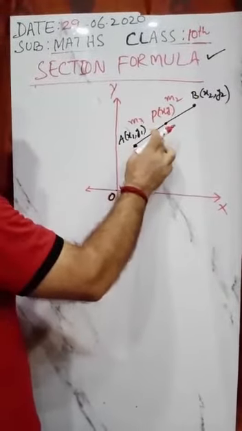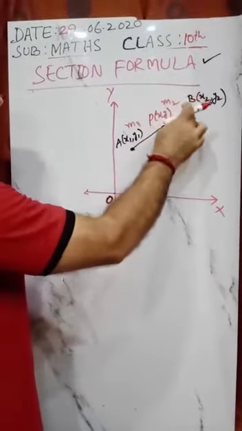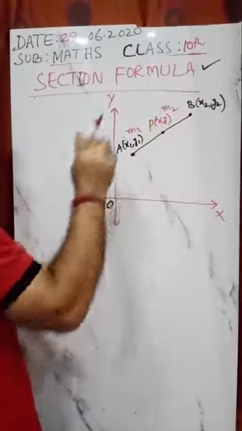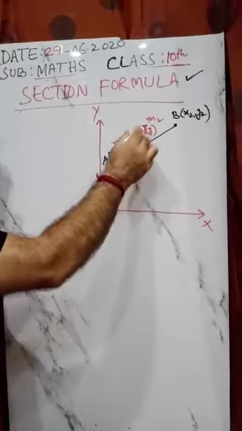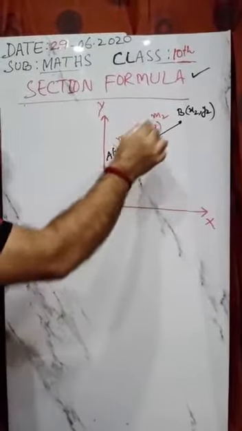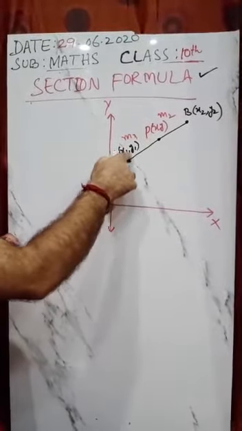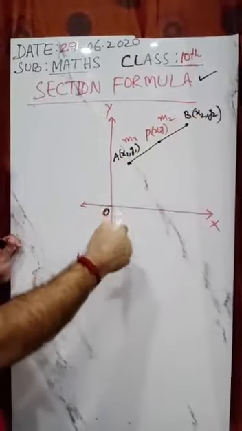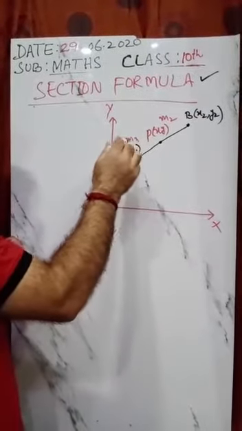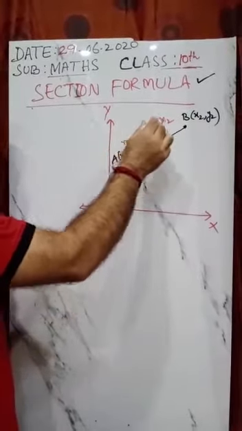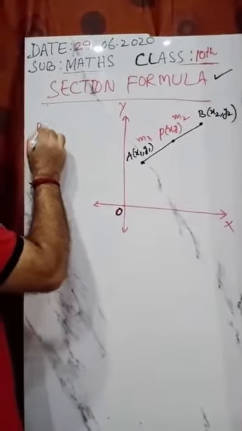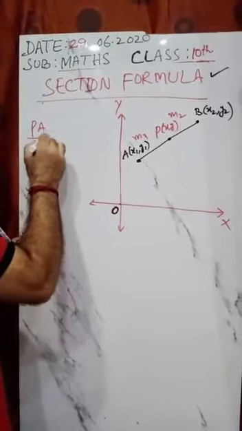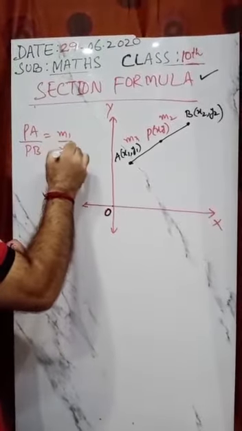Here AP is m1 and PB is m2. Therefore we can say that PA upon PB is equal to m1 upon m2.